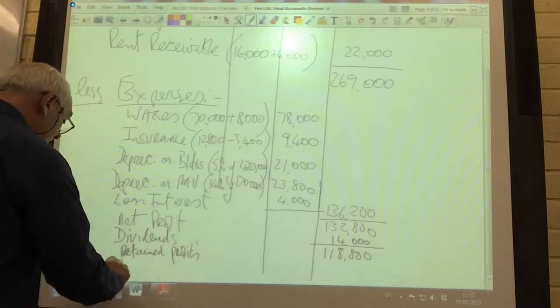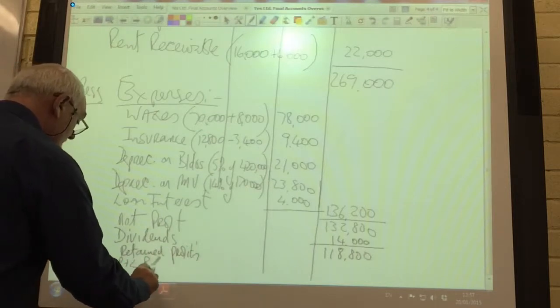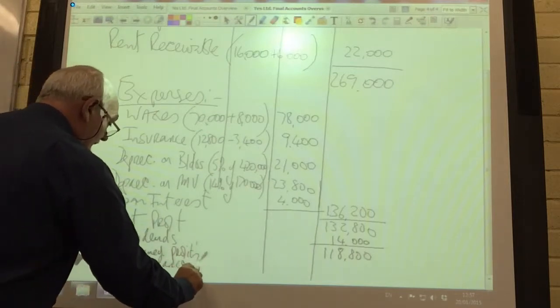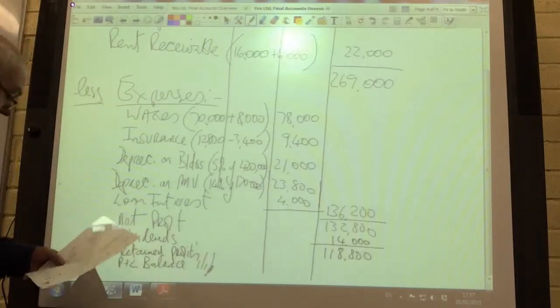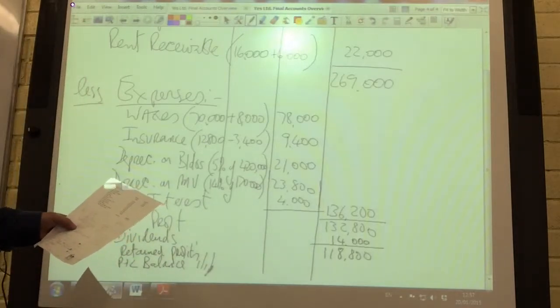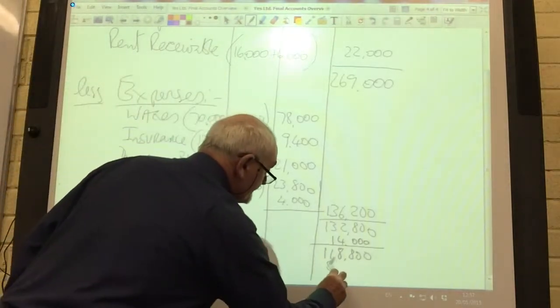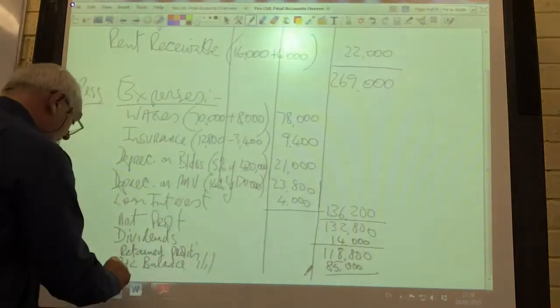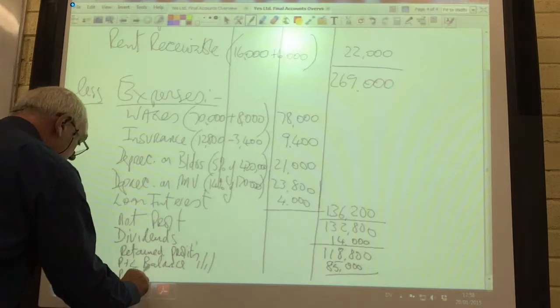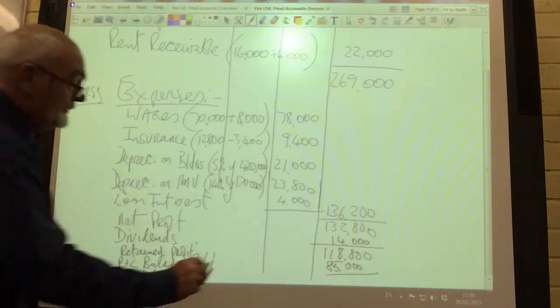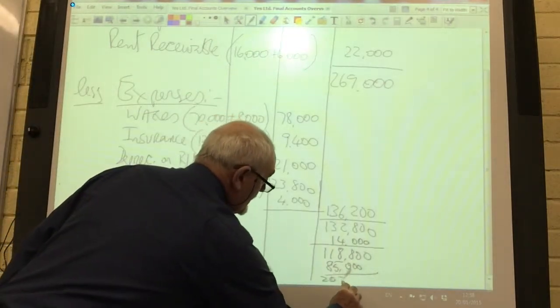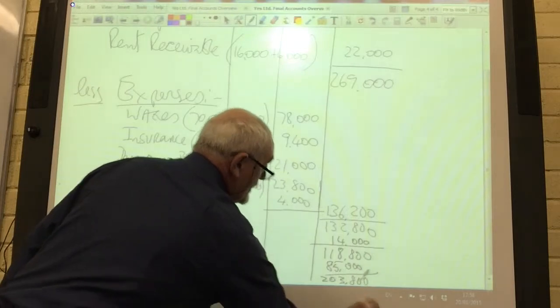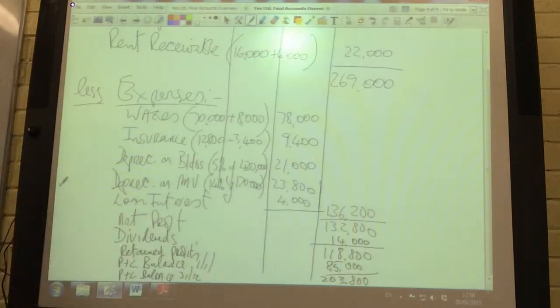To which we add our P&L balance at the start of the year. That's the profit left over from last year, 85,000. So we end up at the end of the year with the P&L balance 203,800, which will be the balance we'll use in our balance sheet.